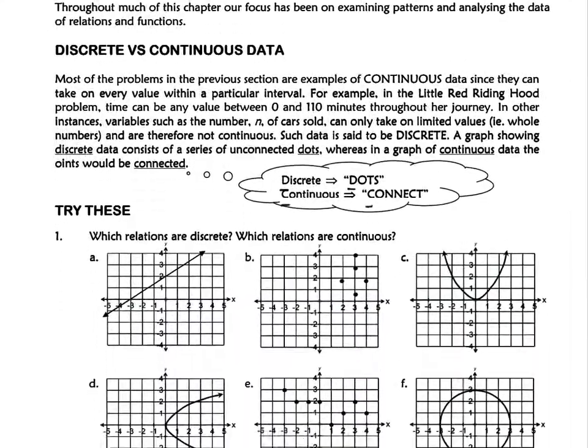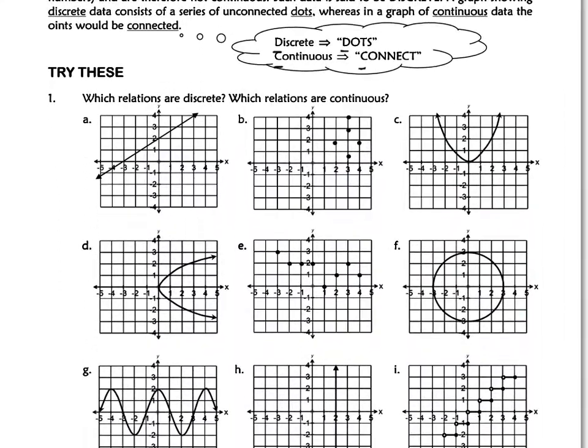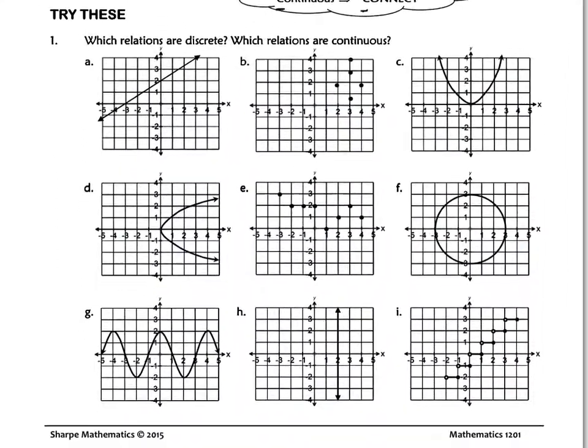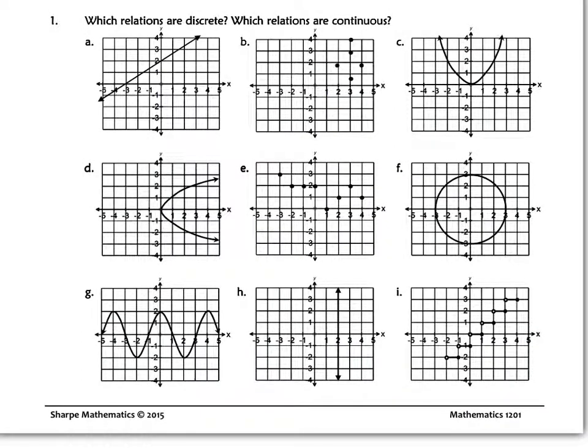Okay, so we're going to look at some examples here of some relations and decide whether or not they're discrete or continuous data. So the first one shows a straight line that has all points connected, so that would be continuous. The second one just has a series of points.